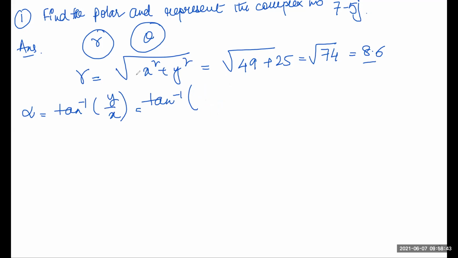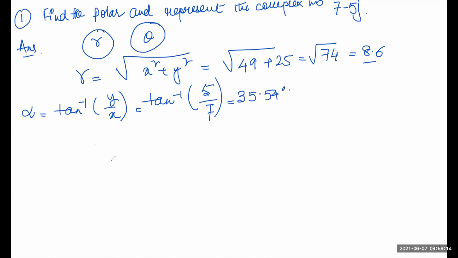What is your y? Y by x, 5 by 7. How much is coming in degrees? Approximately 35.54 degrees. Okay.